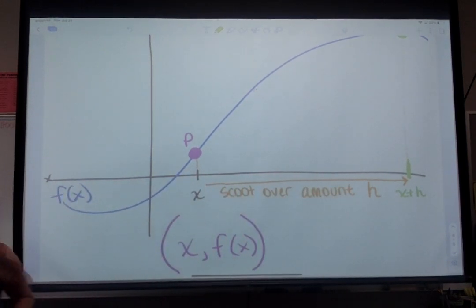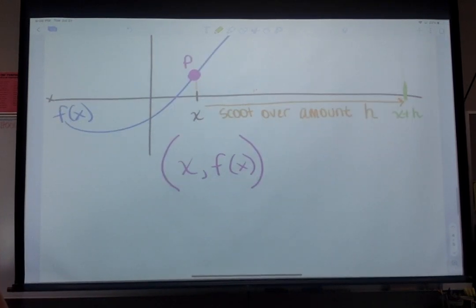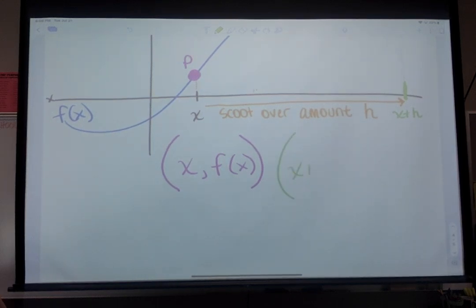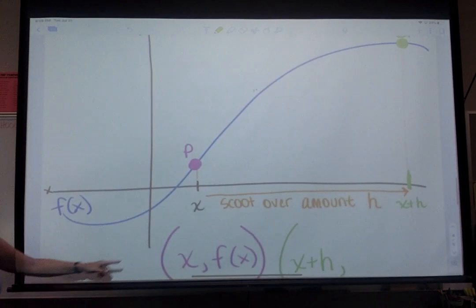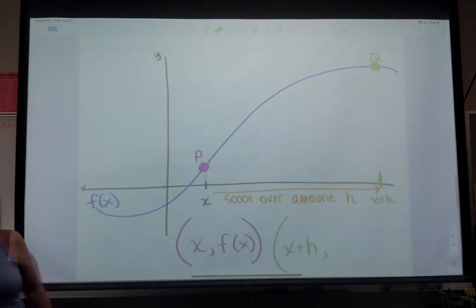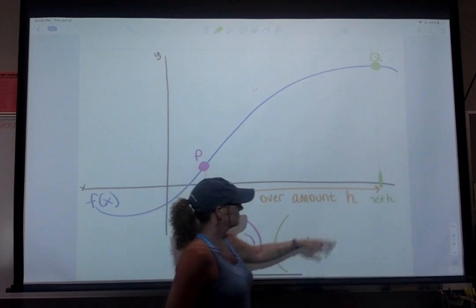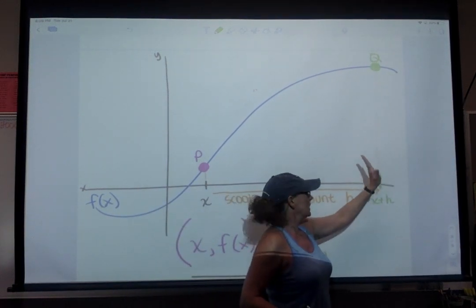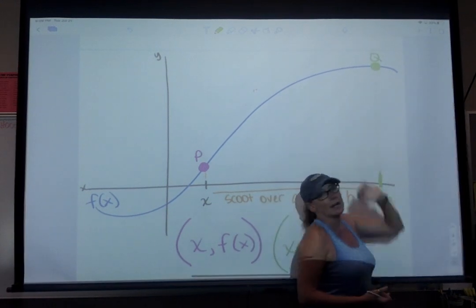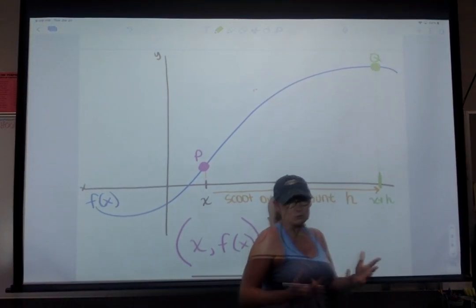So, in my green ordered pair, here's what it looks like. Ready? X plus H, comma. Whew. Now, how do we get all the way up to Q? Whatever this is, plug it into your function to get your Y. That's what we did here.